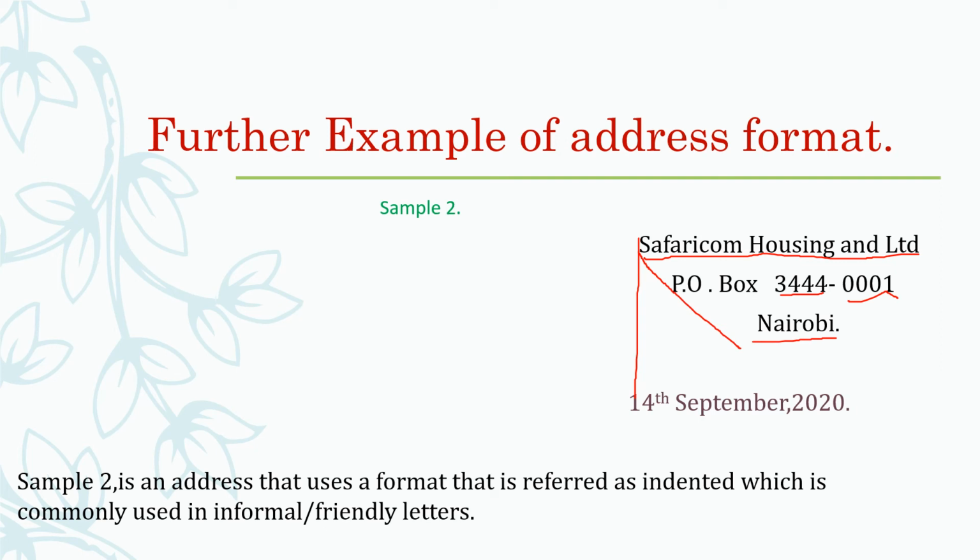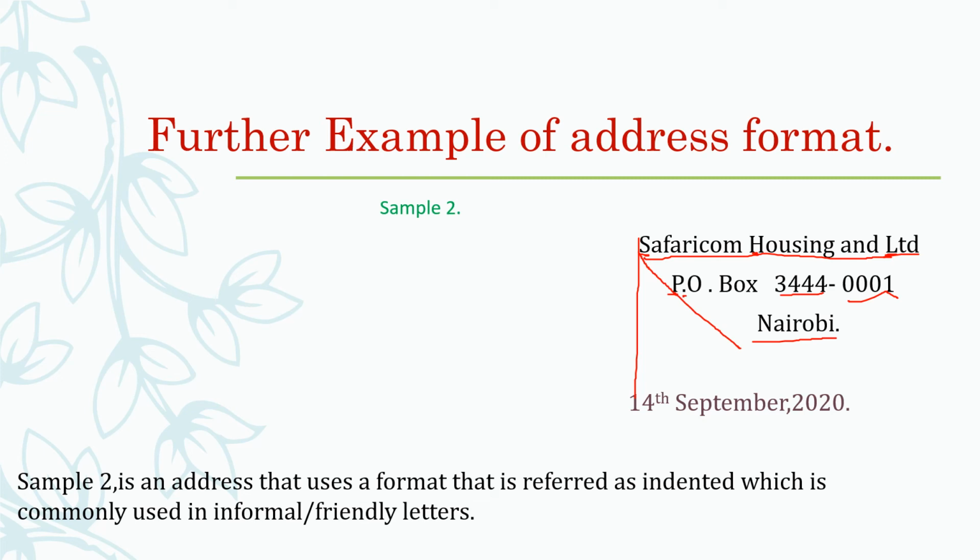It is also important to always remember that you are supposed to punctuate your address well, so that we have capital letters being used where it is important, like S in Safaricom, H in Housing, and L in Limited, because those are the important words. The same case applies to P. P stands for postal. Because we cannot write the whole of postal, we write a capital P, then there is a dot.